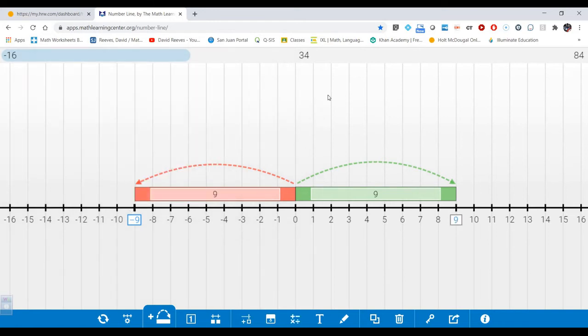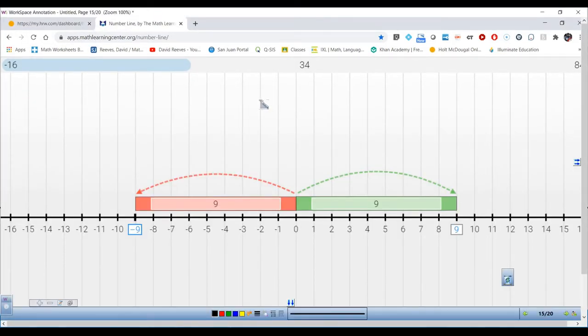So 9 is the opposite of -9, or again, we could say -9 is the opposite of +9.